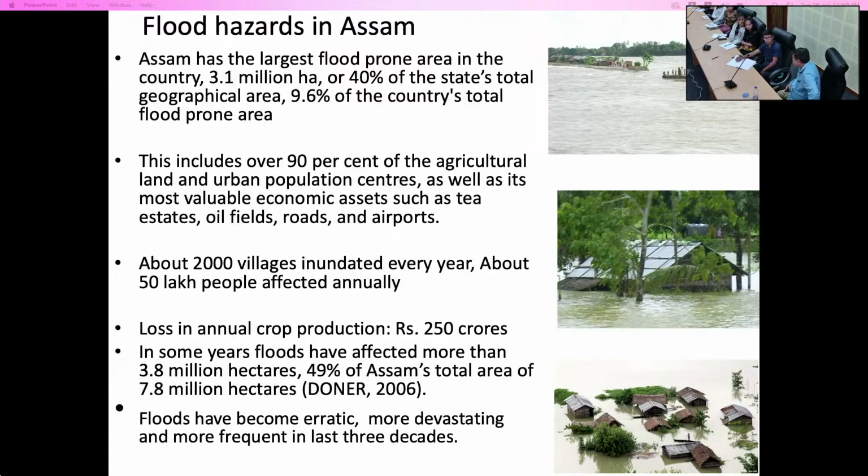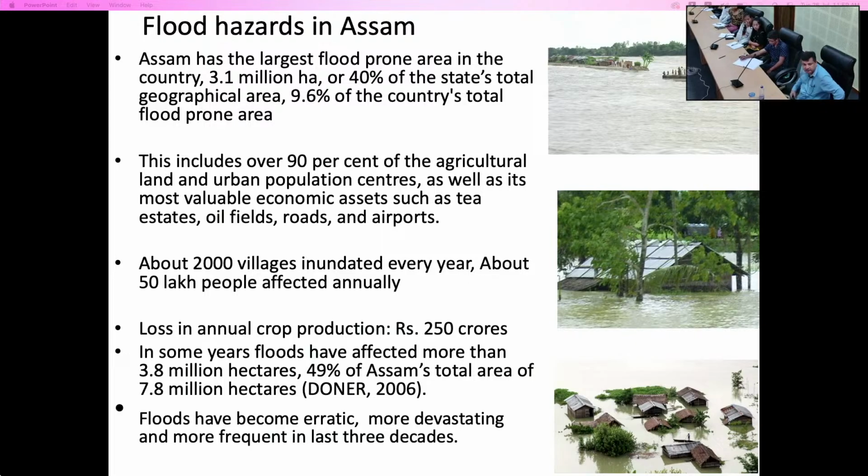Assam's geographical area is about 78,000 square kilometer. Out of that, 40% is flood prone, right, which is equal to 9.6% of the country's total flood prone area. Assam's 40% and country's 10%, which is huge, isn't it?